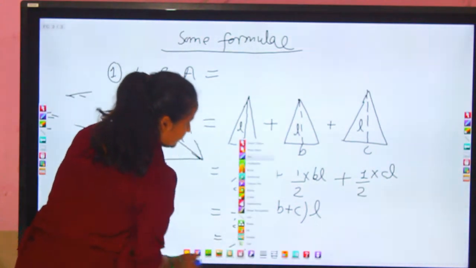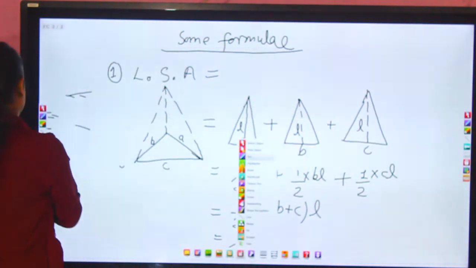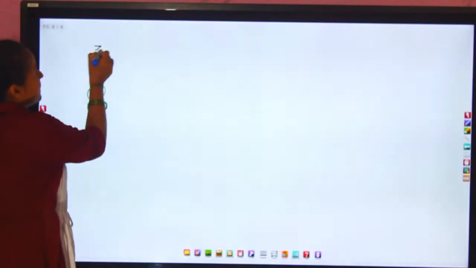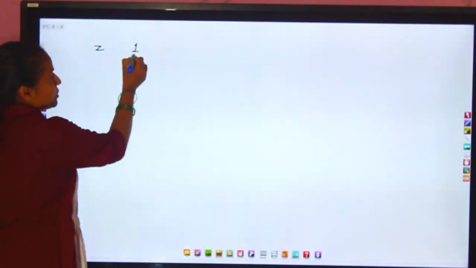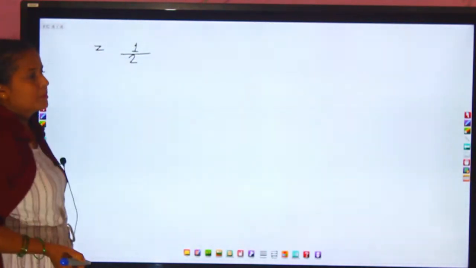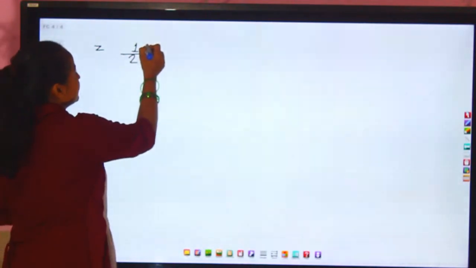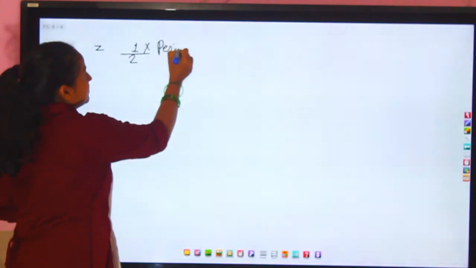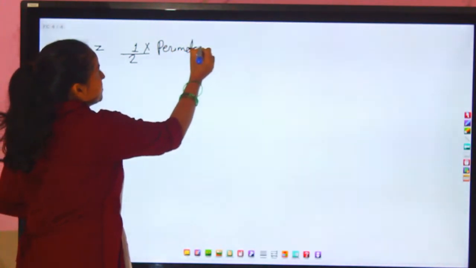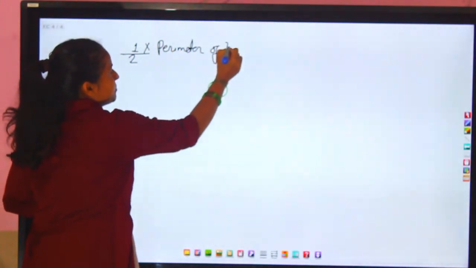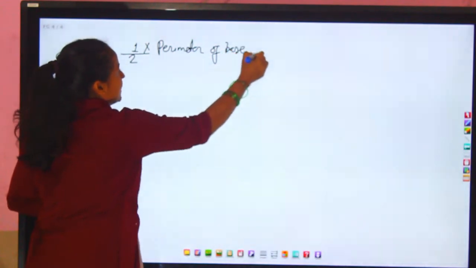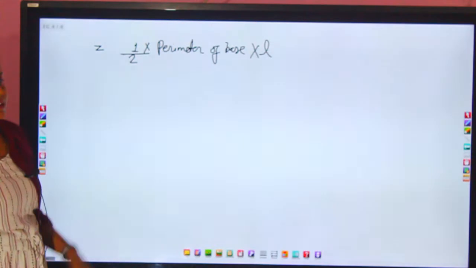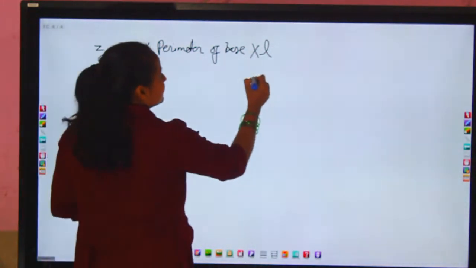1/2, okay, that means 1/2 perimeter of the base into L, okay, where L represents the slant height.